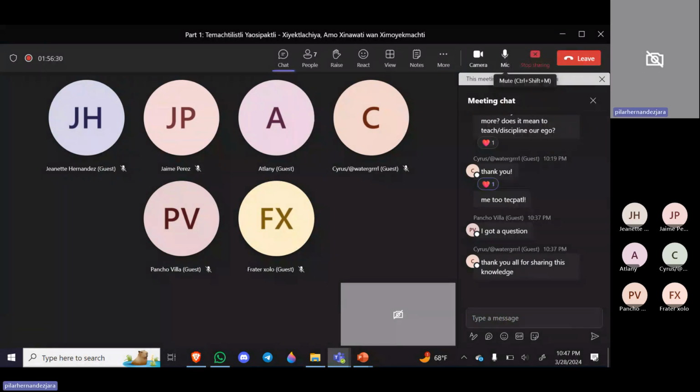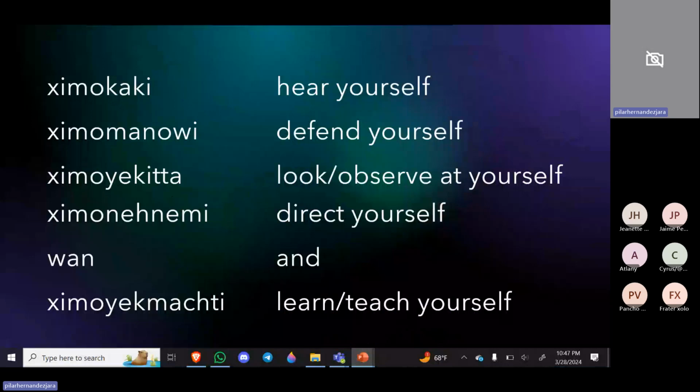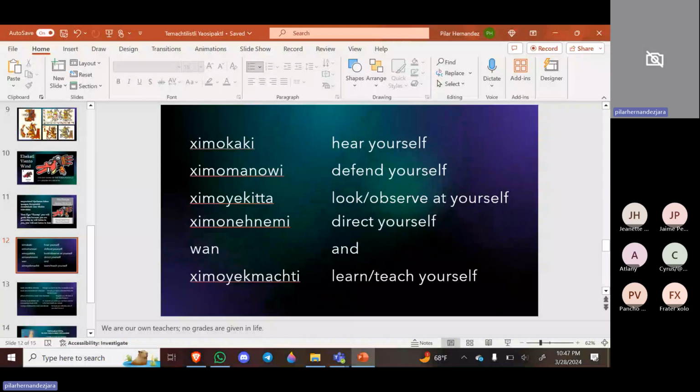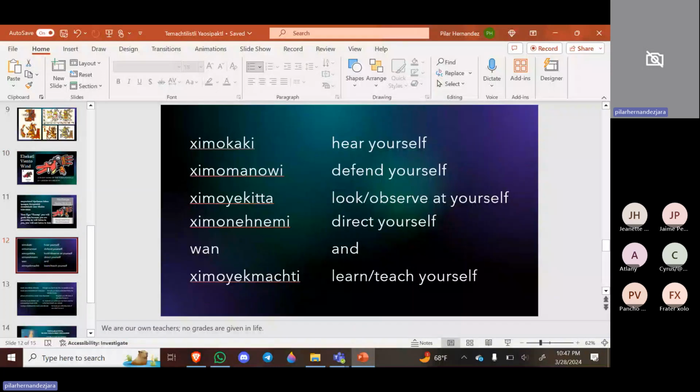Yeah, for this particular prayer, I believe I had it under the second sign because it was a way to analyze ourselves and our ego, and so I think that for now I'm good with what we had to say, what you guys shared.